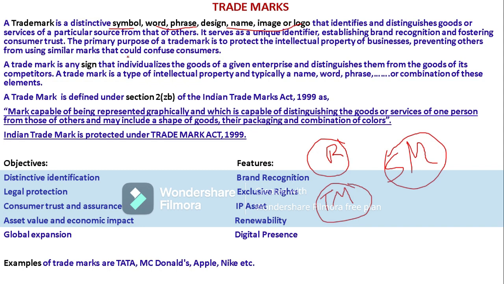It differentiates one product from another product, or one service from another service. How does a trademark differentiate? Either symbol wise or word wise, phrase, design, name, image, logo, anything it may be.